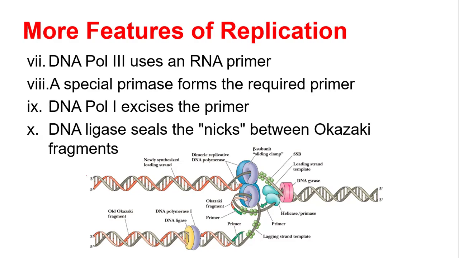And then the nick or the space provided by the removal of this is filled by what we call DNA ligase. So if you look at the bottom here, it's a cartoon of the replication fork. You can see what we call the continuous or the leading strand, and then you can see on this other side what we call the discontinuous strand or the Okazaki fragments.